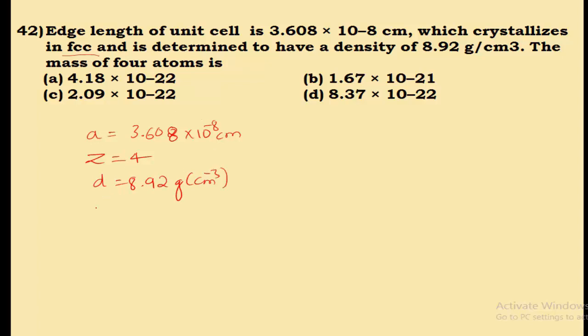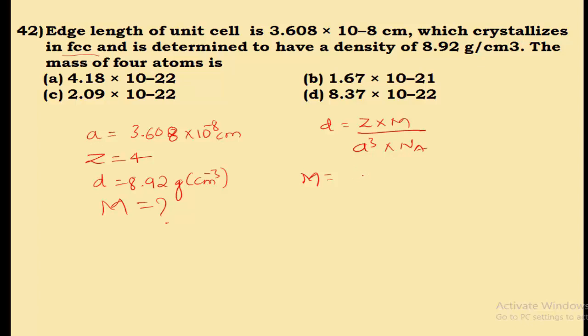The mass of 4 atoms. First, what is the mass of the atom? That you need to find. Use the formula d is equal to Z into M divided by a cube into Na. So Z is 4, into M, keep it as it is, a cube. a means 3.608. So what do you want here? Mass of the atom.